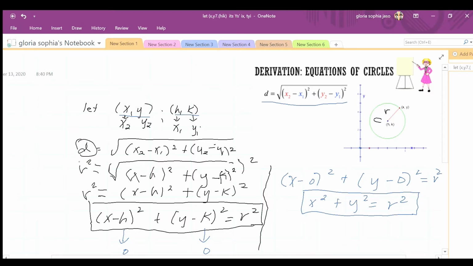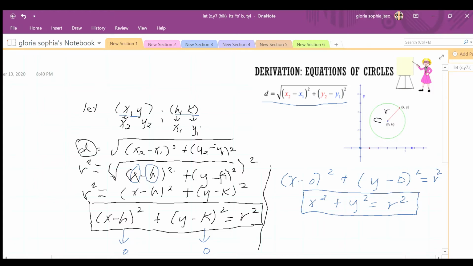So, from the distance formula, substitute lang natin yung given points natin. So now, yung distance or D is gagawin na natin siyang R. Since yung R dito is yun yung kinukompute natin na distance. So, square root, substitute natin, yung x sub 2 is yung x, and then yung x sub 1 natin is yung h natin.